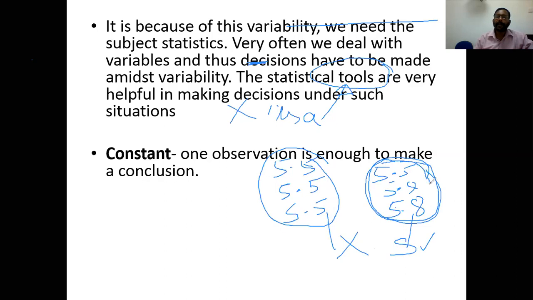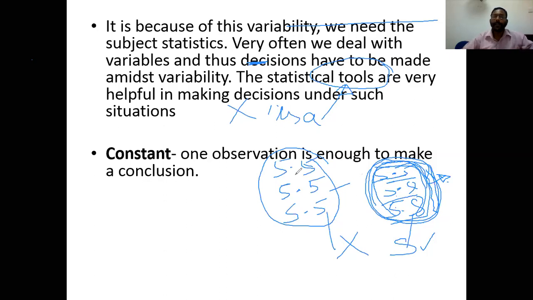So here variability is there. To understand the variability, and based on that variability, we want to make a conclusion. On what basis we are going to make a conclusion is important. That we will see later. Whether we are going to say the titration value is 5.6 or 5.8, whatever it is, we cannot simply come to a single value from one of these observations.